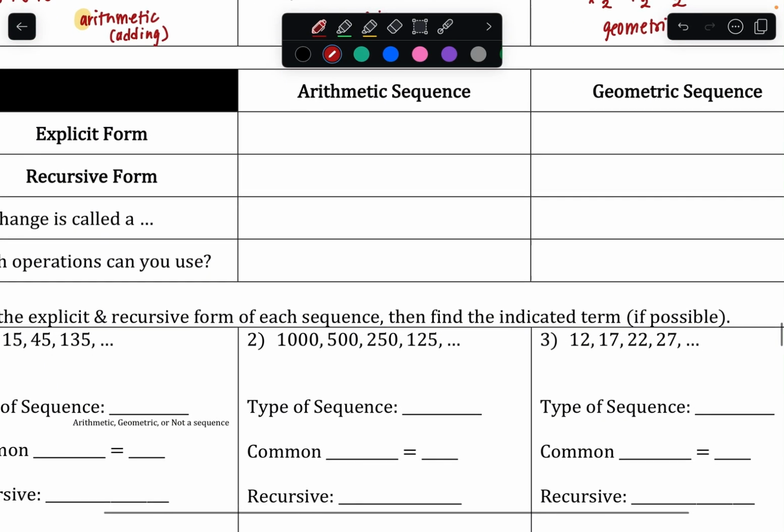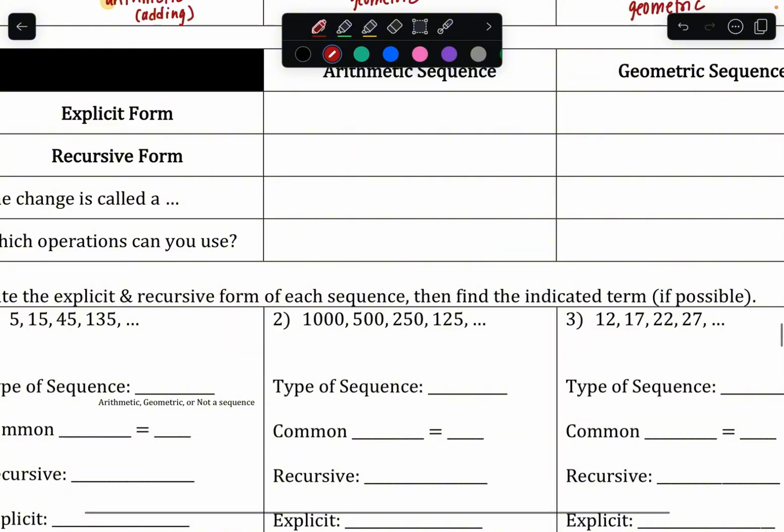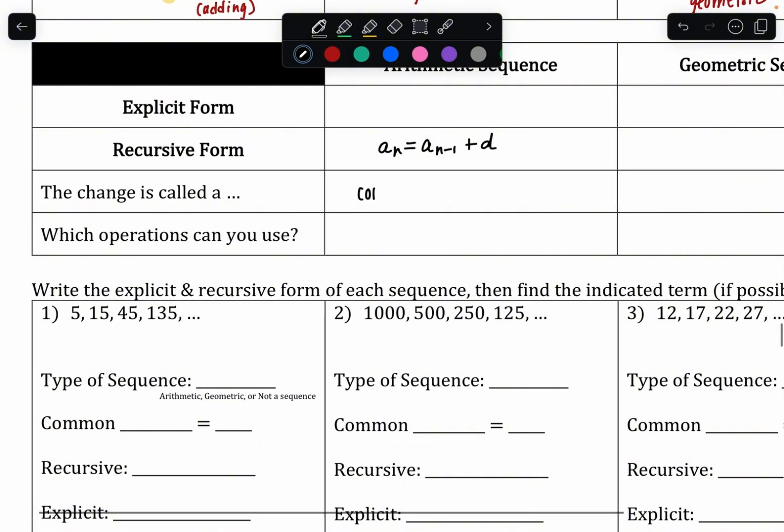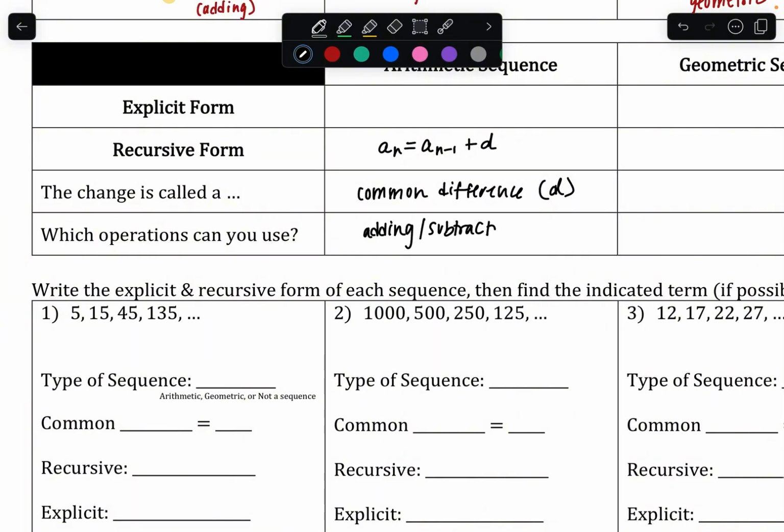Okay, and so when we're talking about a recursive form, for arithmetic, we get to any term by taking the previous term and then just adding whatever that common difference is. That number we are adding each time is called a common difference, denoted by D. And the only operations you can use are adding, and subtracting is just adding a negative.